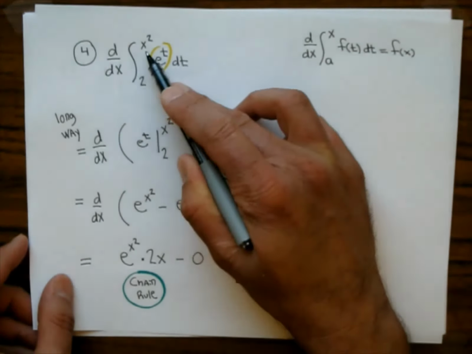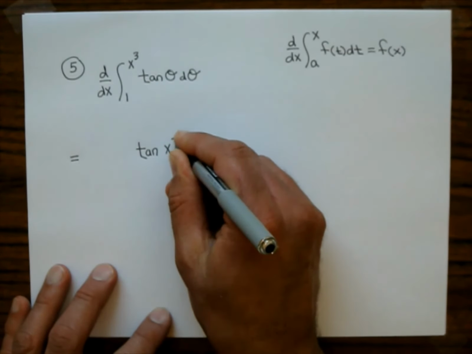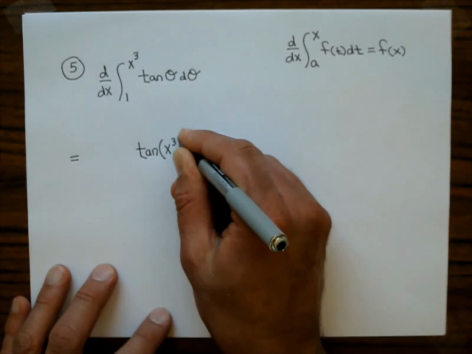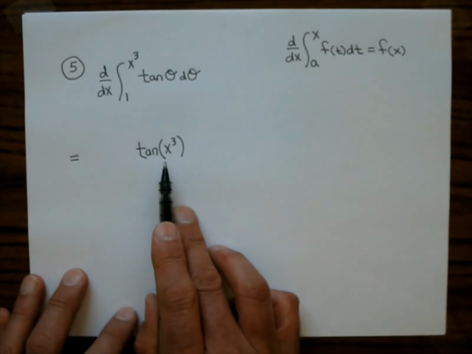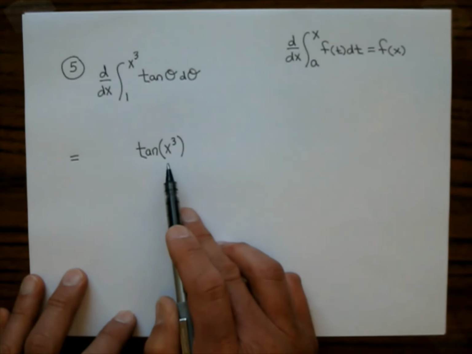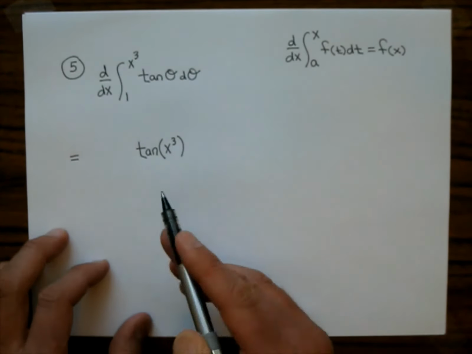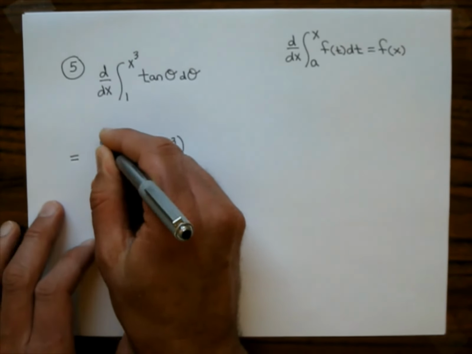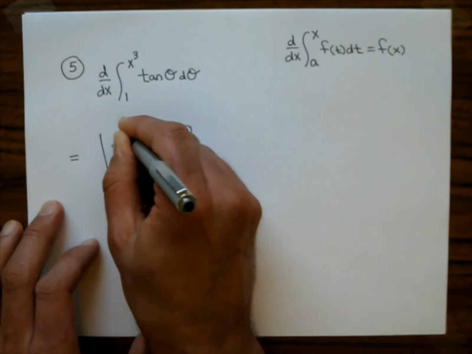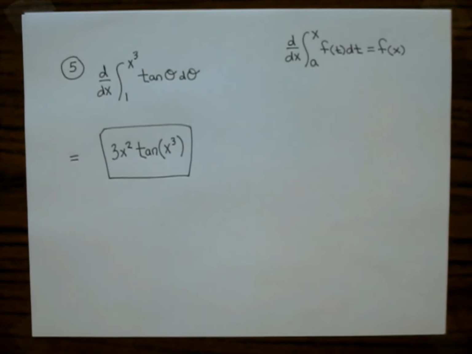So that's what I'm going to do. I'm going to replace the theta with x cubed. We don't need parentheses, but I'm feeling a little insecure today, so I'll put them there. And then this is the result of a chain rule. I'm going to take the derivative of the x cubed, which is 3x squared, and I'm going to multiply that by that, and this gives me the answer. So this is how we do these problems.